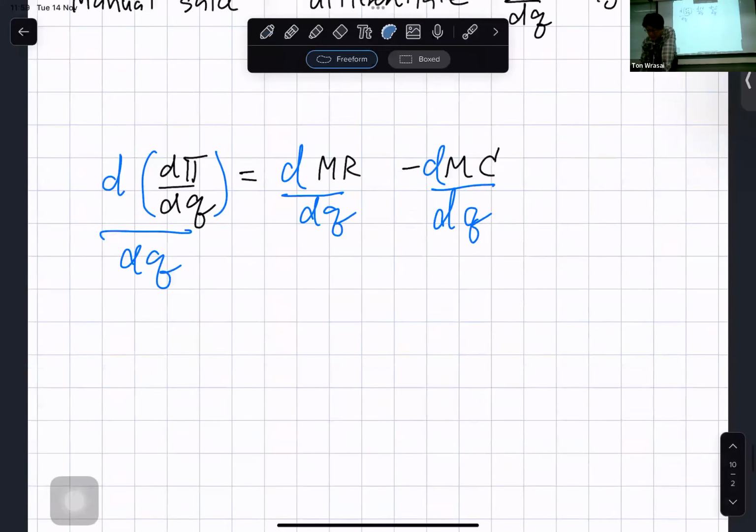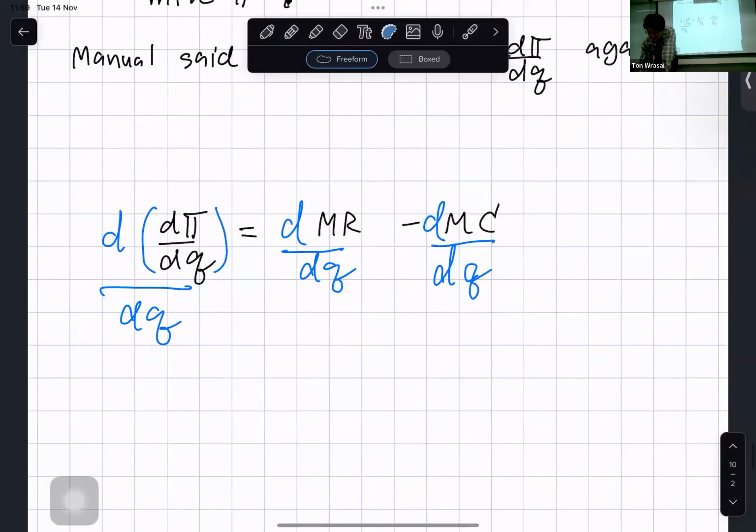Okay, let's see what we get then. Looks scary, but it's nothing. Look, marginal revenue. When we sell a cookie, we get an extra 10 baht, 10 baht, 10 baht, 10 baht, 10 baht. MR is always constant. When we change the level of production, marginal revenue is always 10, never changes.